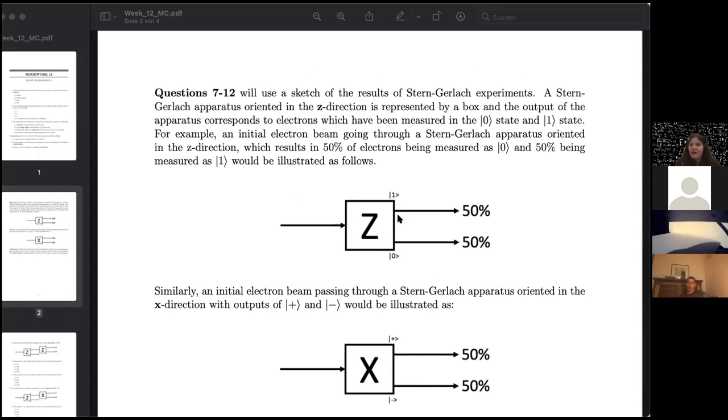And you get the output of the spins measured in the 0 and the 1 state. And as you knew from the lecture, it should be half-half. This is why you can see that this is a 2-level system, because it can be in state 1 or in state 0.